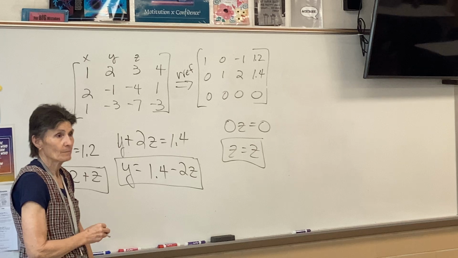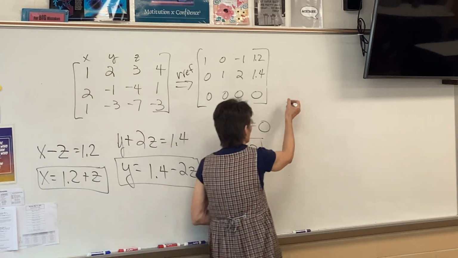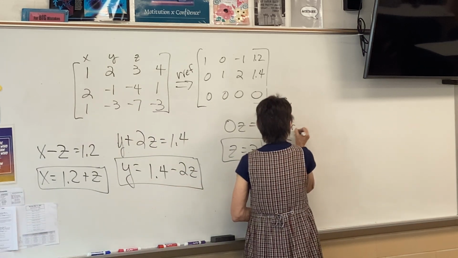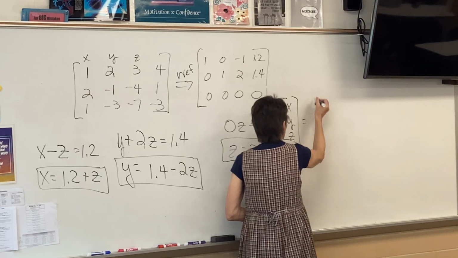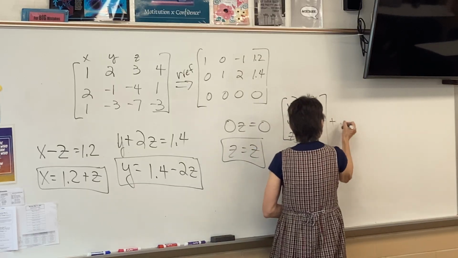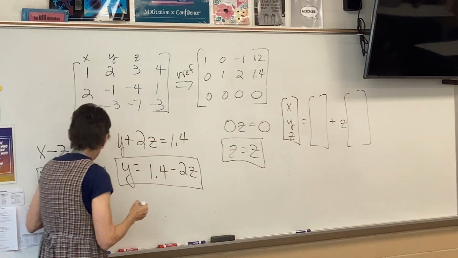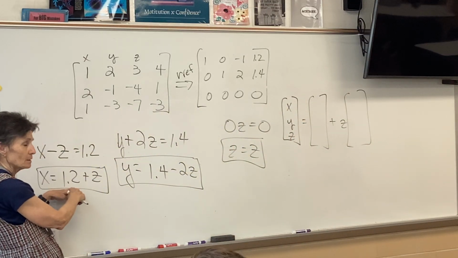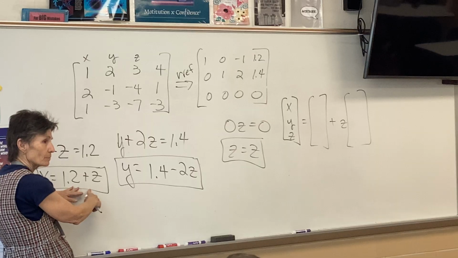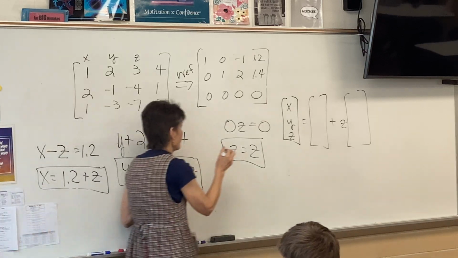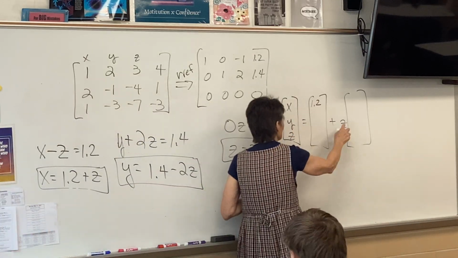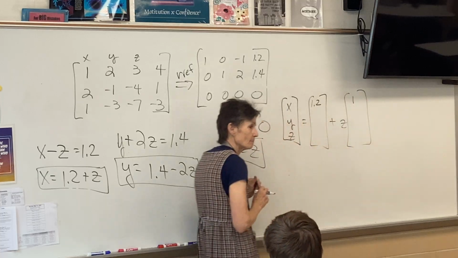Does that look good? So then I'll write my answer. Noticing that each variable, like X for instance, has a number and a Z. So X's number is 1.2 and his Z is what?